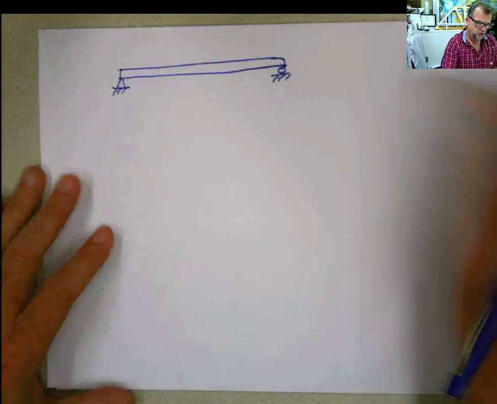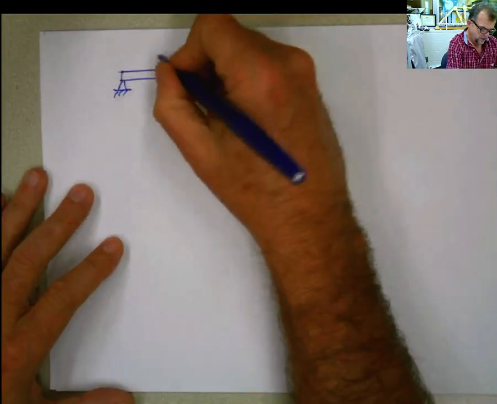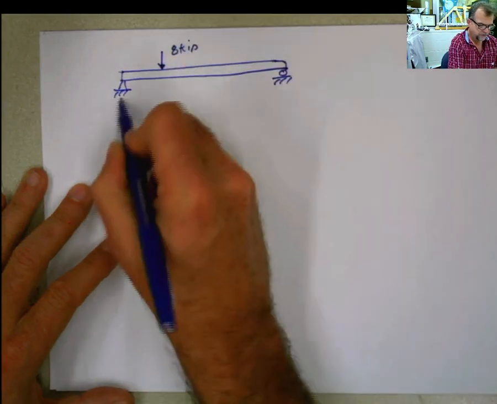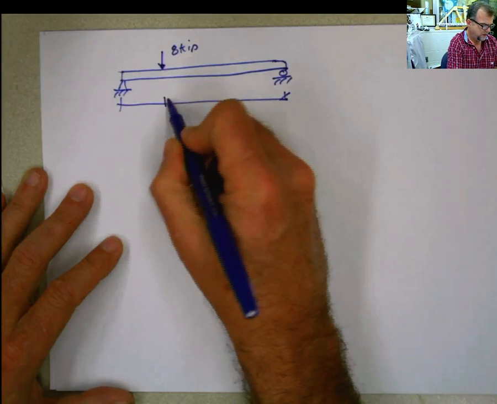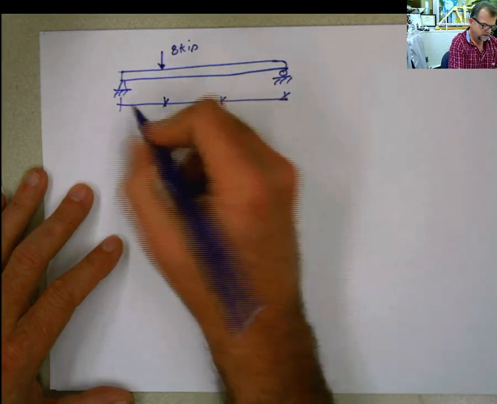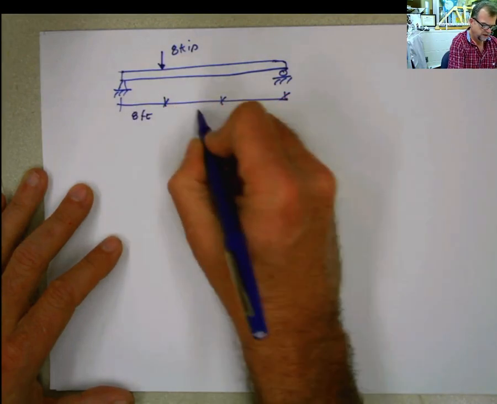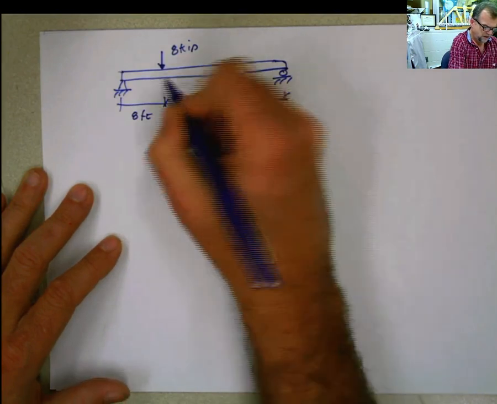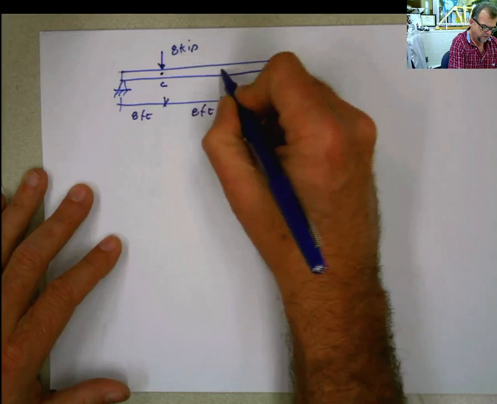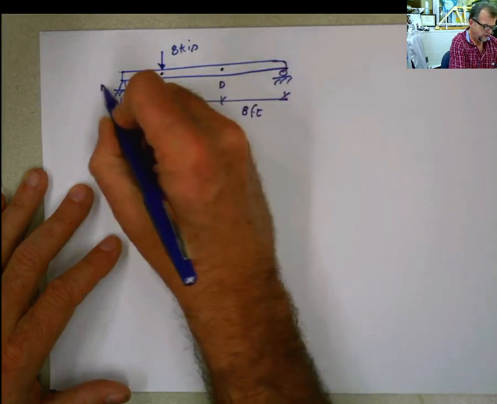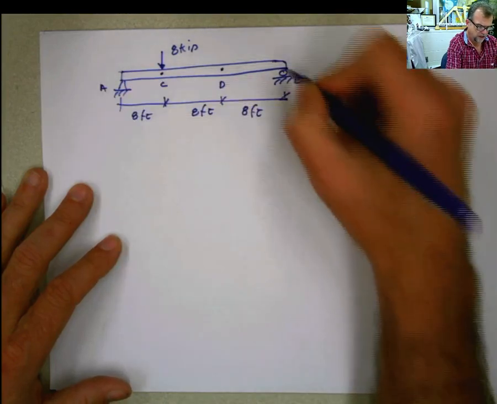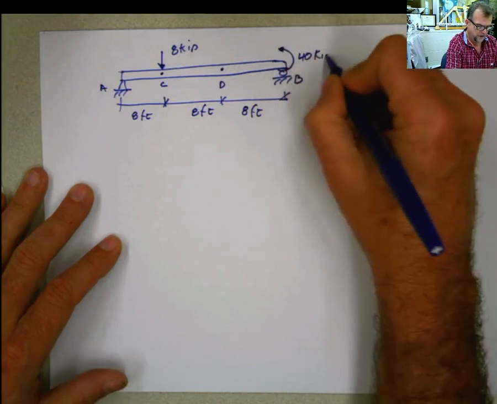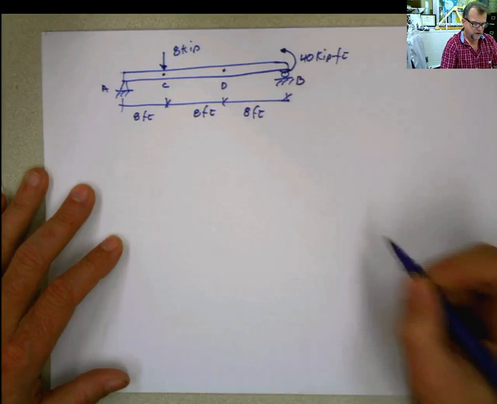Then you have a force of 8 kip there, and you have these distances: 8 feet, 8 feet, and 8 feet. This is point A, this is point B, this is point C, this is point D, and there is also an applied moment here of 40 kip-feet at this end.